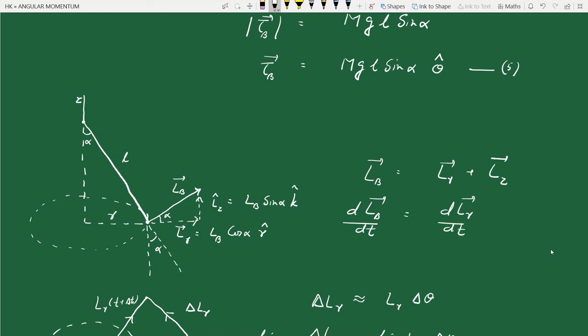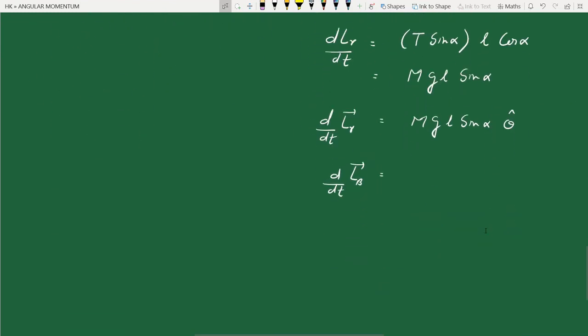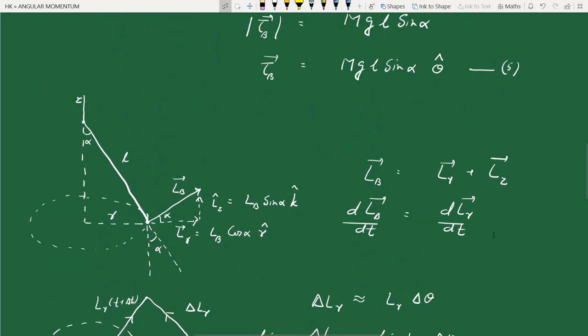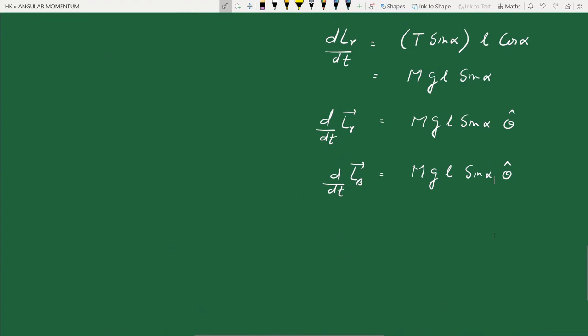The only change in LB comes from the rate of change of the radial part, and that too the rate of change of the direction of the radial part. Therefore I can finalize this as the rate of change of LB is equal to mgl sin alpha along theta cap direction. What is this equation? Next number, equation 6.